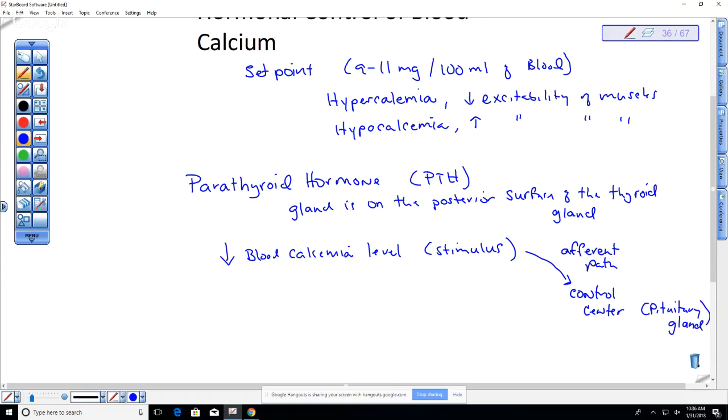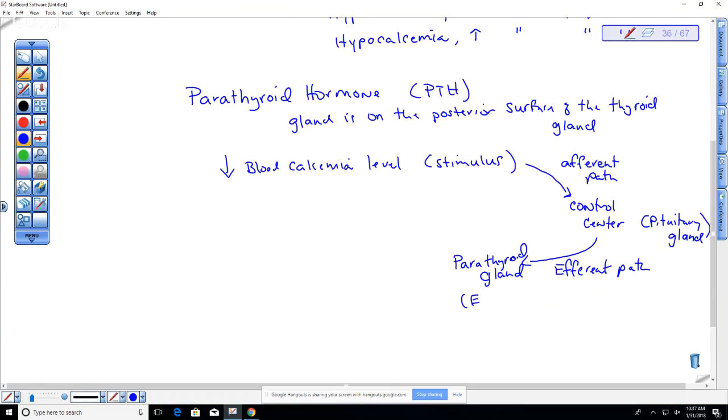So the pituitary gland actually can produce a hormone called parathyroid stimulating hormone. And then that stimulates the parathyroid gland. So this would be my efferent pathway. So this is the parathyroid gland, which is said to be the effector.